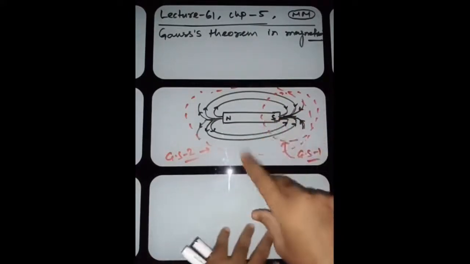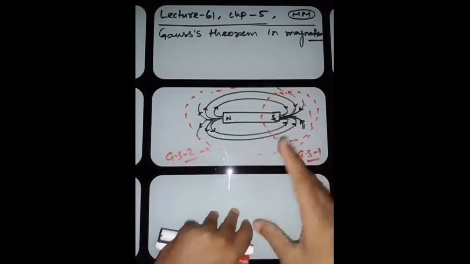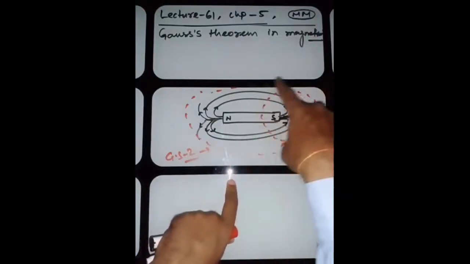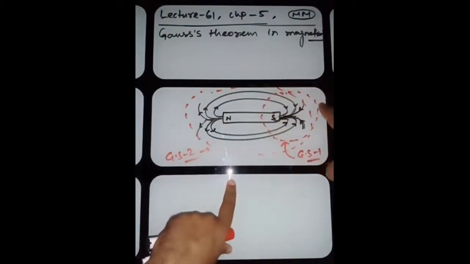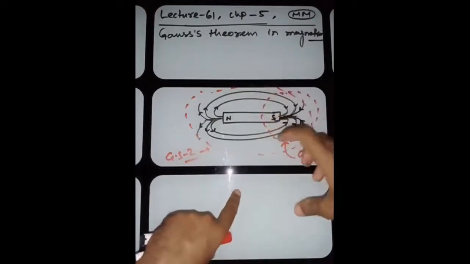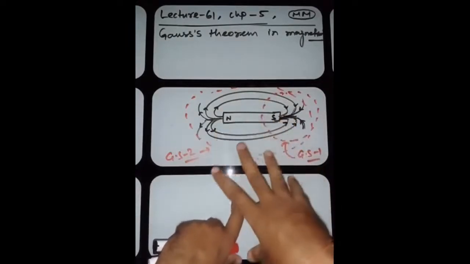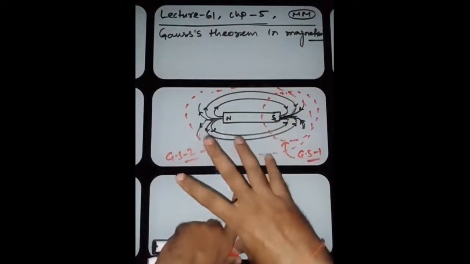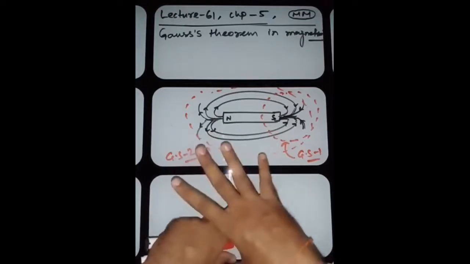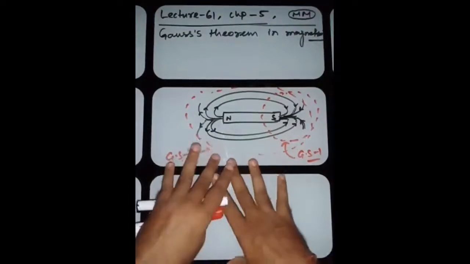All right, so the statement of the Gauss theorem, you can write, my dear students, I'm telling you, the surface integral of magnetic field over a closed surface must be equals to 0. It was in electrostatics Q by epsilon naught, but here it is 0. What does it mean?